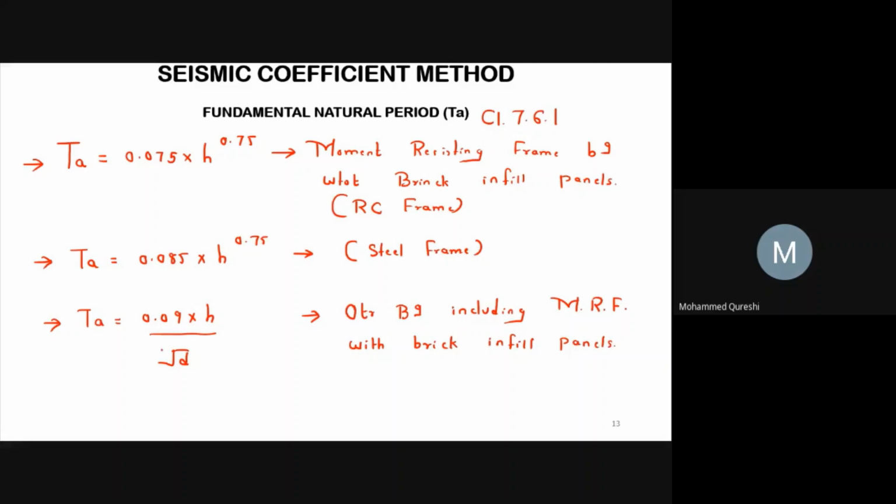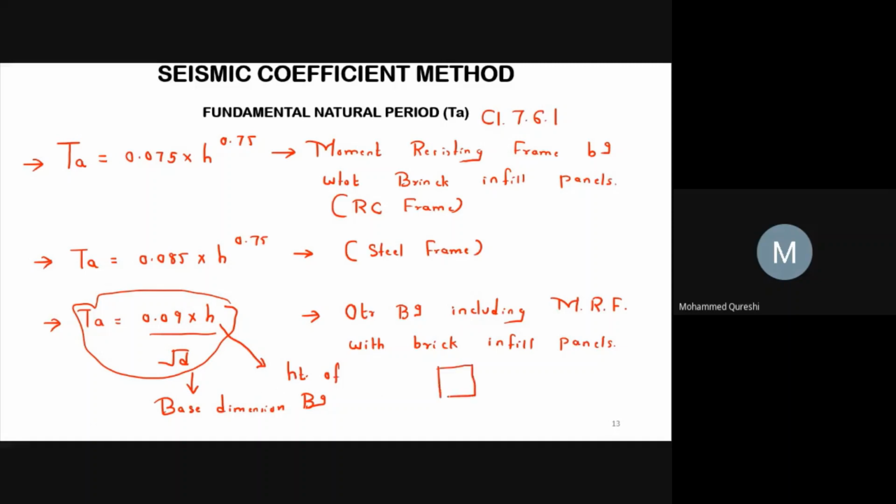Remember this equation, Ta equals 0.09 into h upon root d, where your h will be the height of the building and your d will be the base dimension of the building at the plinth level in meter.